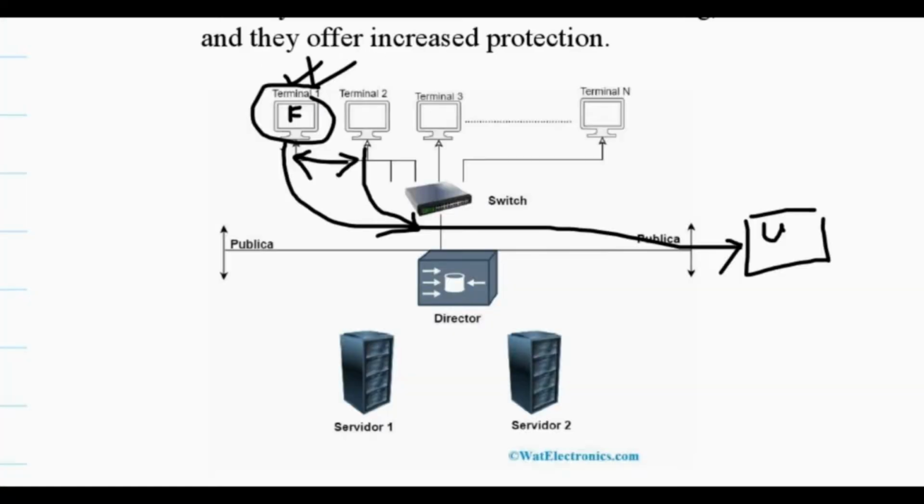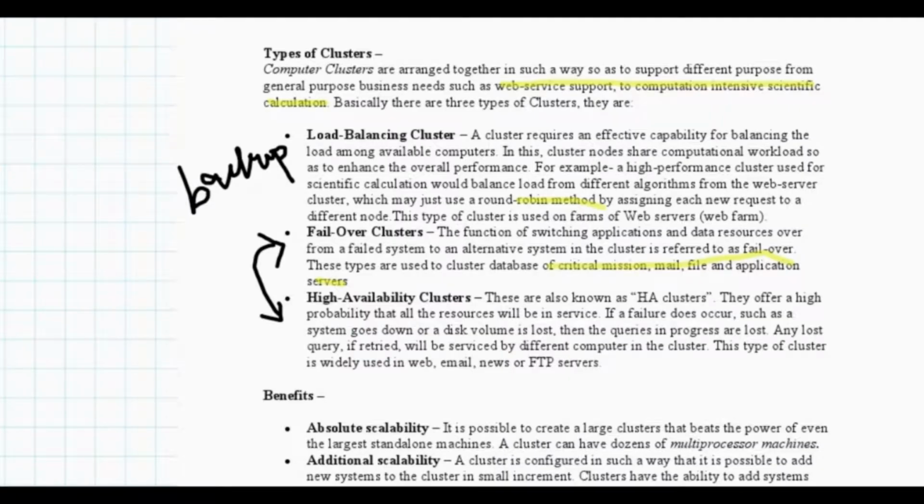You can see, as we discussed in our example, if this connection is lost due to the failure of terminal 1, then your request will be serviced by a different node in the cluster. This was the idea behind high availability clusters.